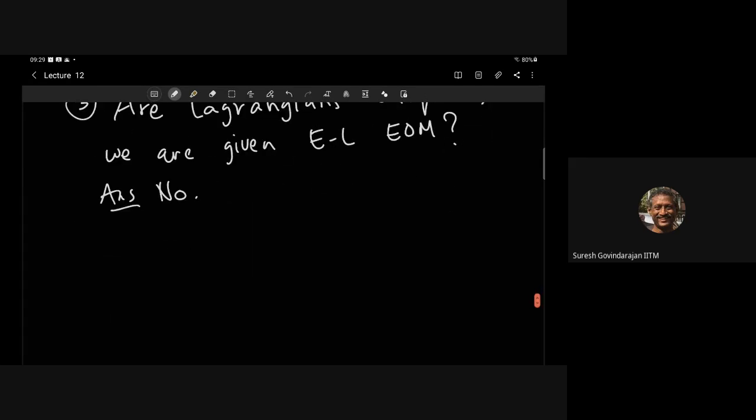So let L prime be the following. Given one Lagrangian L, we know its Euler-Lagrange equations of motion. I will construct a second Lagrangian which will have the same Euler-Lagrange equations: L plus d by dt of some function.